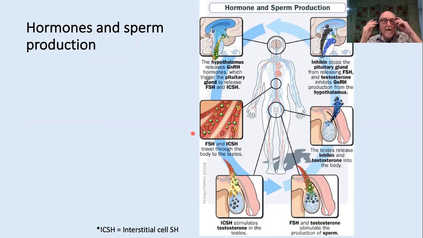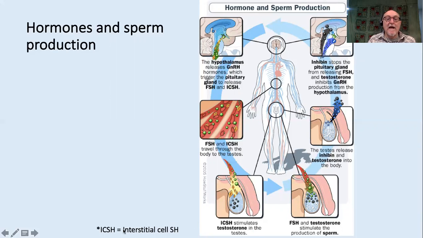Now, I'm not going to talk a lot about male sperm production, everything in males. I just want you to know that the same two hormones, luteinizing hormone and follicular stimulating hormone, operate on the testes to do two things. First of all, to stimulate sperm production. Sperm production is stimulated by follicular stimulating hormone and testosterone. And testosterone production is governed by luteinizing hormone.